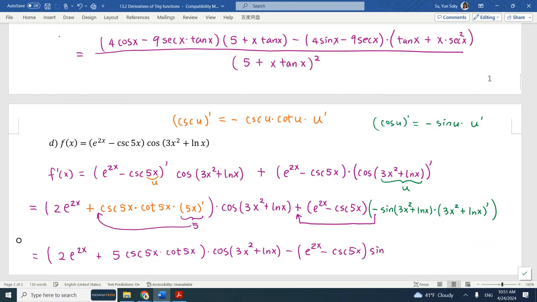So then this is sine 3x squared plus ln x. Okay. Derivative. What's the derivative of 3x squared? 6x. Woo, yes. What's the derivative of ln x? 1 over x. Okay, good.